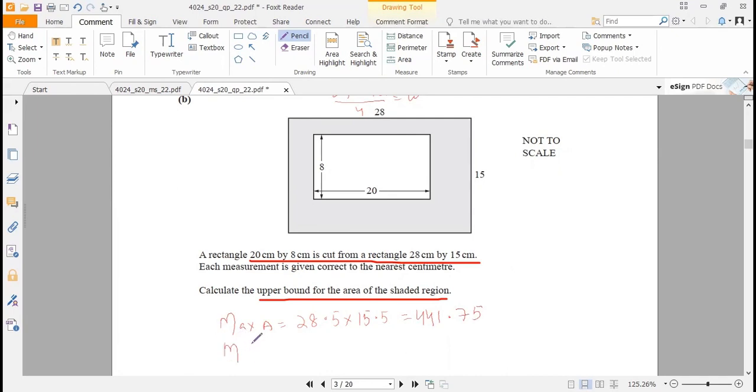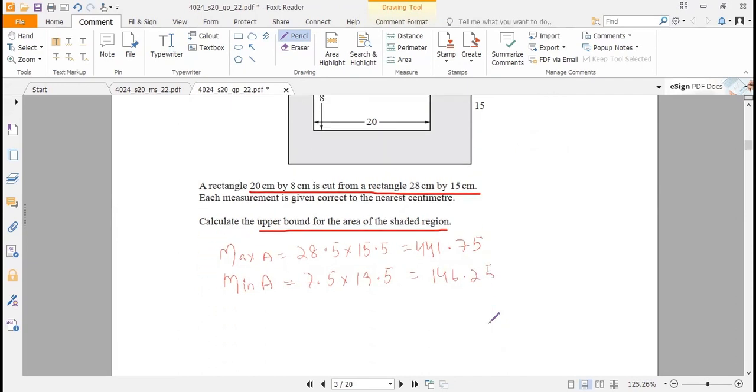and the minimum area of a smaller triangle will obviously be 7.5 multiplied by 19.5, which equals 146.25. Now for the shaded region, we have to subtract this.